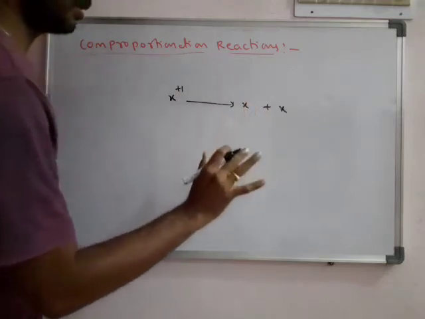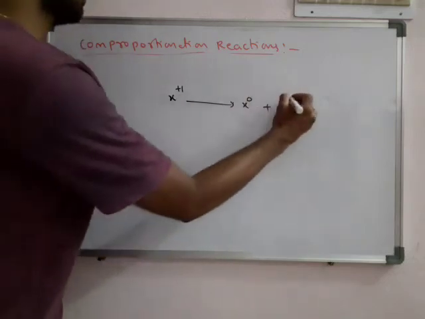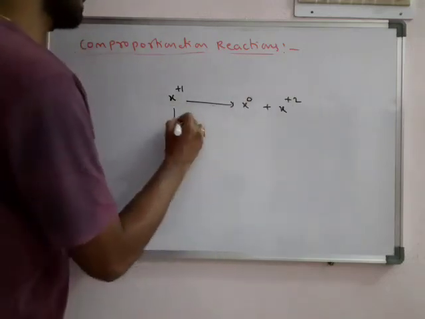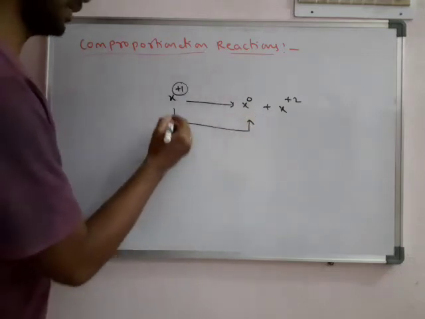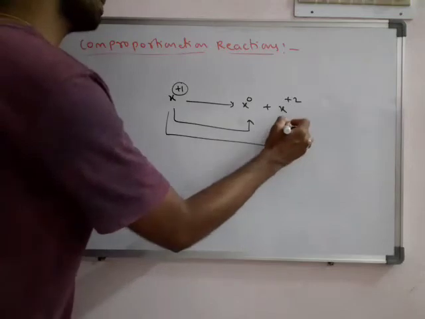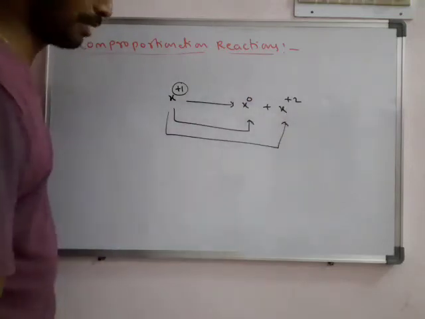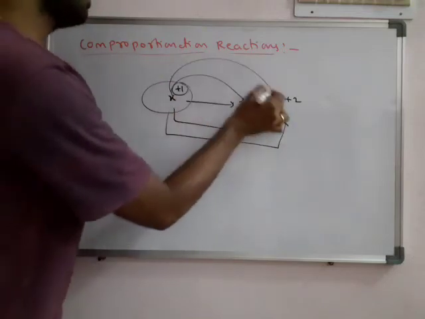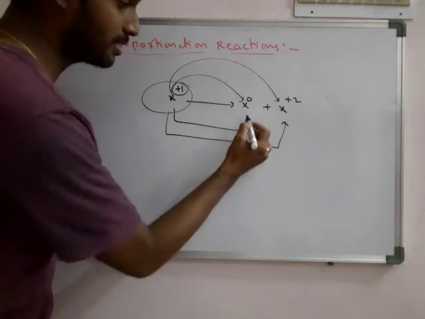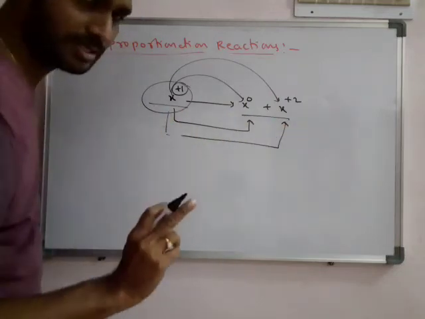We are discussing the element that changes. X goes from +1 to 0 and +2. Here X is reduced as its oxidation number decreased, and from here to here X is oxidized as its oxidation number increased. So the same element is oxidized and reduced. In products it has two oxidation states, in the reactant it has one oxidation state.